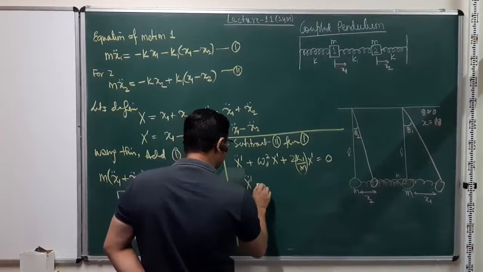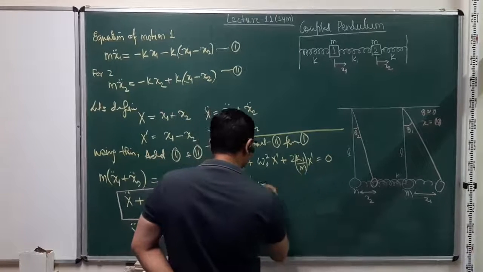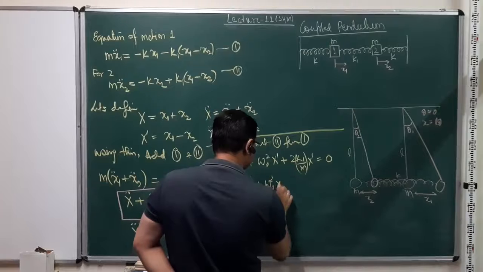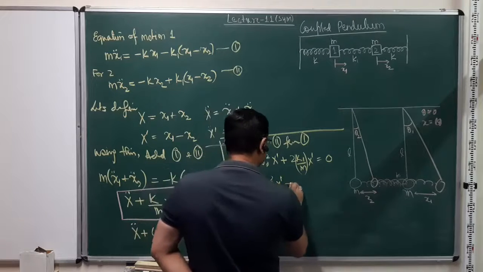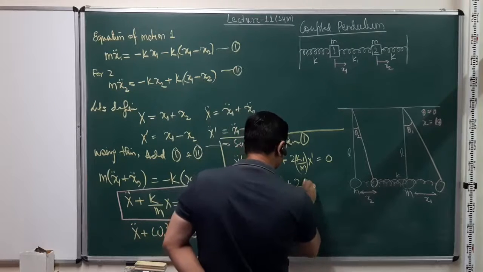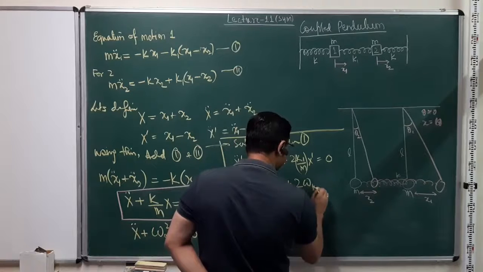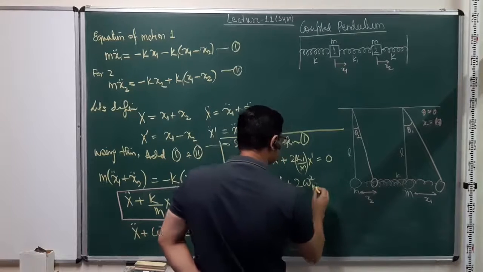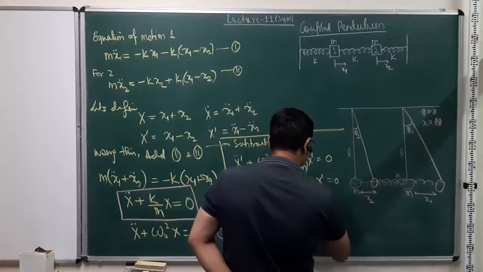So x prime double dot plus omega naught square x prime plus twice of, let's say, omega k1 square x prime equal to 0.